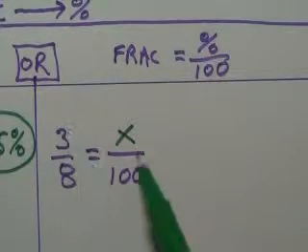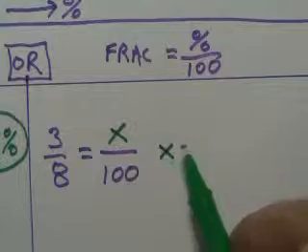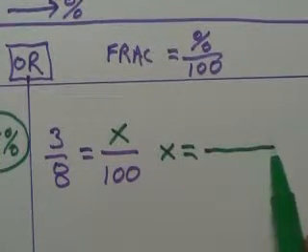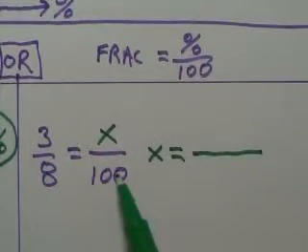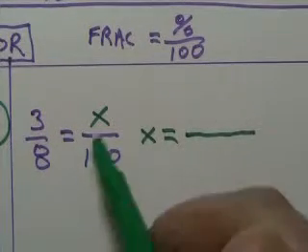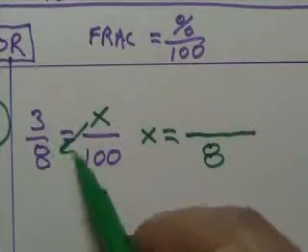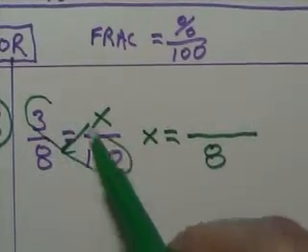So what we have is a proportion. And do you remember how we set up a proportion? We say x equals, and we have our three numbers. Which number is going to go on the bottom? The one diagonal. So that would be 8. And the other two go on top.